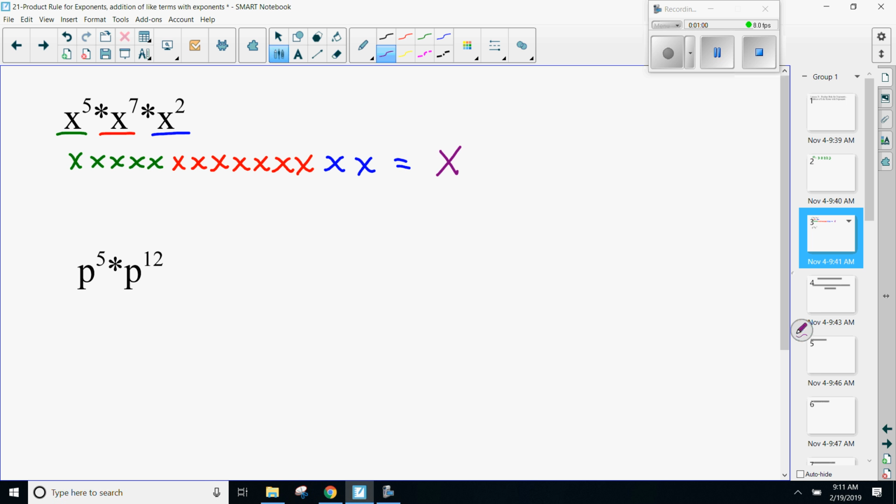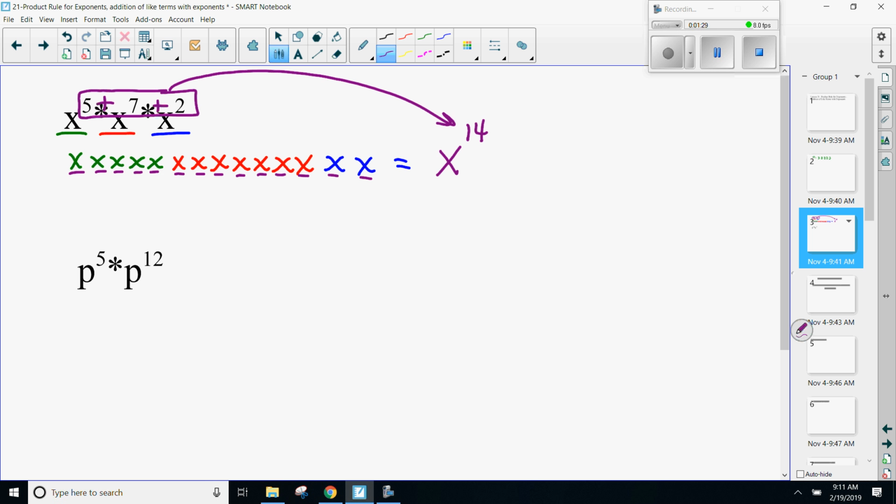X to the 14th power. 1, 2, 3, 4, 5, 6, 7, 8, 9, 10, 11, 12, 13, 14. X to the 14th power. What does that mean? The same thing as adding those numbers right there. If you add those numbers, that's what's going to give you that.